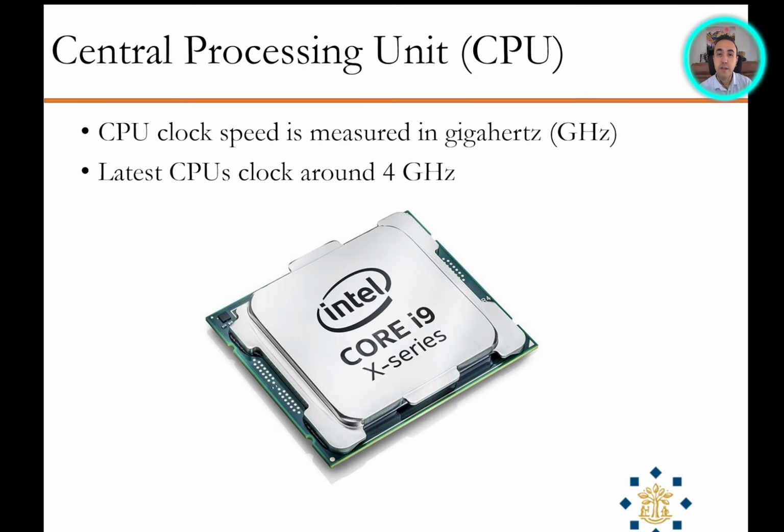And we measure how fast the computer's brain, the CPU, is by something called gigahertz. Most of these laptops that you purchased recently, within the last 5 years, the latest CPU clock is around 4 or 8 gigahertz.